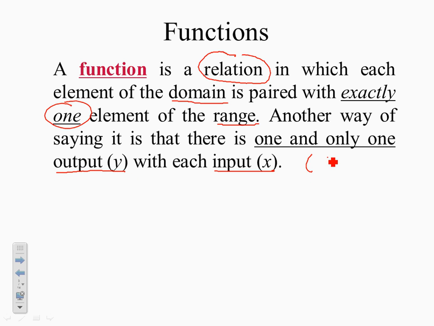Now, when you write an ordered pair, you write the x before the y. You always move on your x-axis, and you go up or down on your y-axis. This is the way that I like to remember it: domain comes before range. I know this because in the alphabet, x comes before y, and guess what? D comes before R. Another way of saying it is that there is one and only one output with each input x.